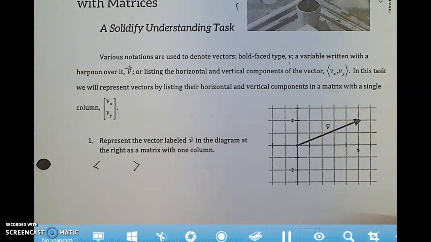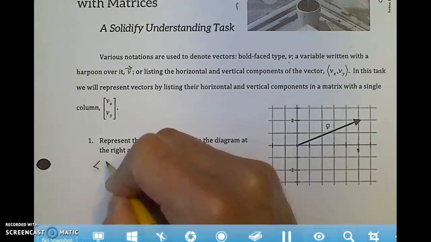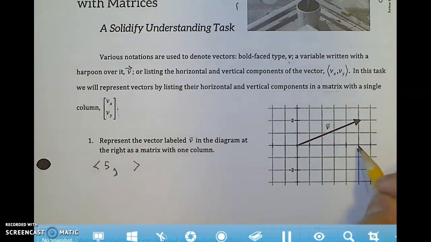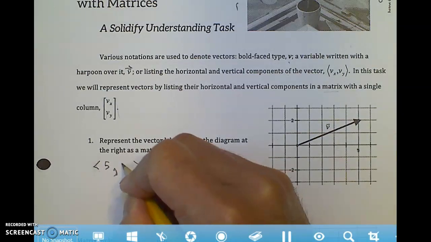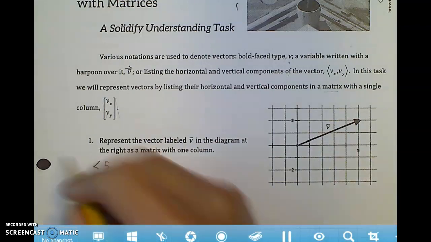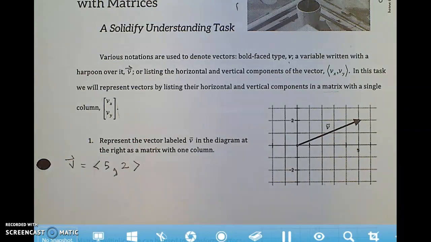We have a horizontal component of 1, 2, 3, 4, 5, so a positive 5, and a vertical component of positive 2. So here's the vector V in terms of its horizontal and vertical components.